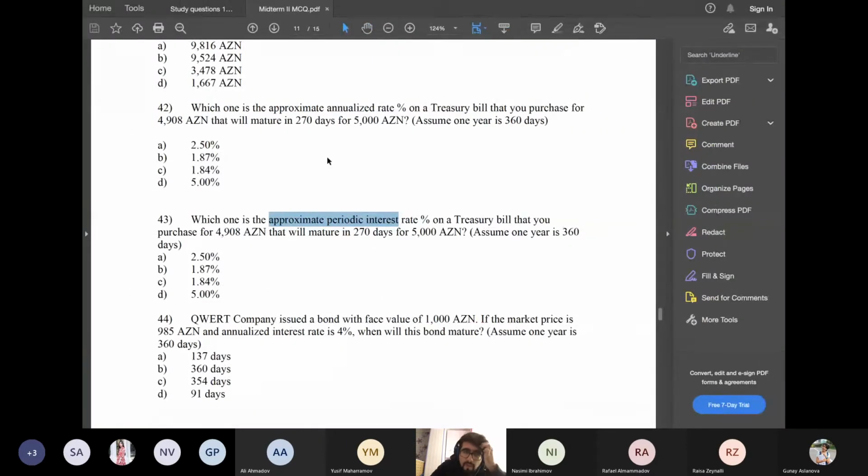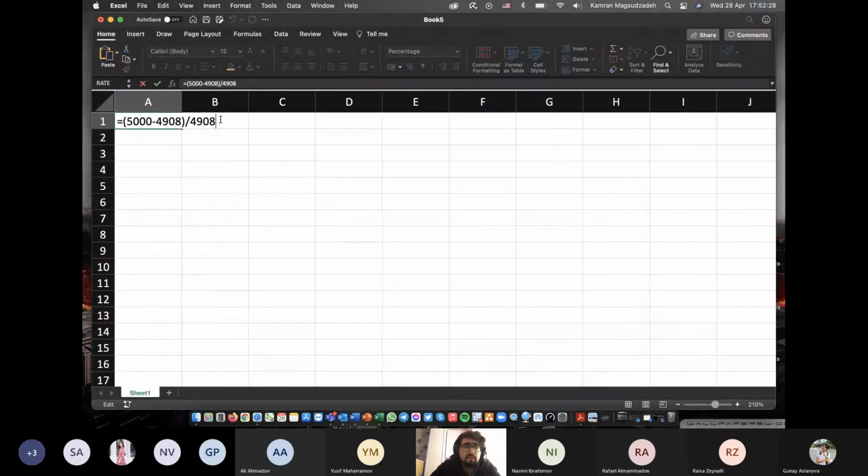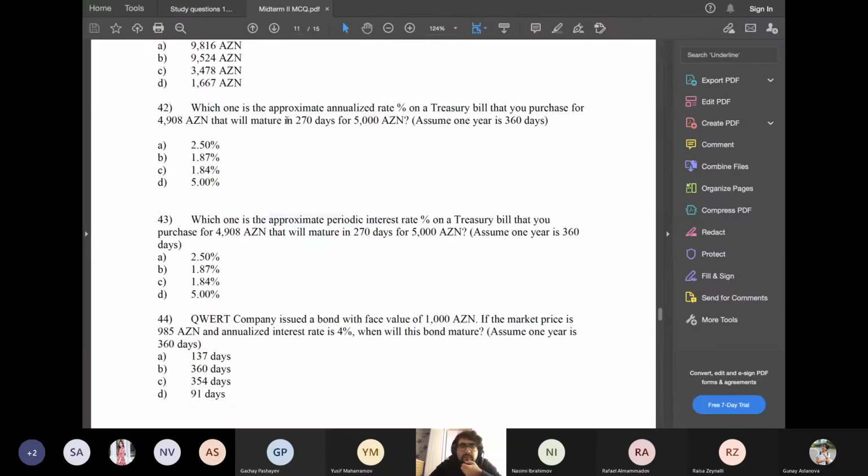But to find the annualized rate, we just multiply by 360 over 270. That is the right answer to this question. 2.5% is the annualized rate, and the periodic rate is 1.87%. I hope this is right now.